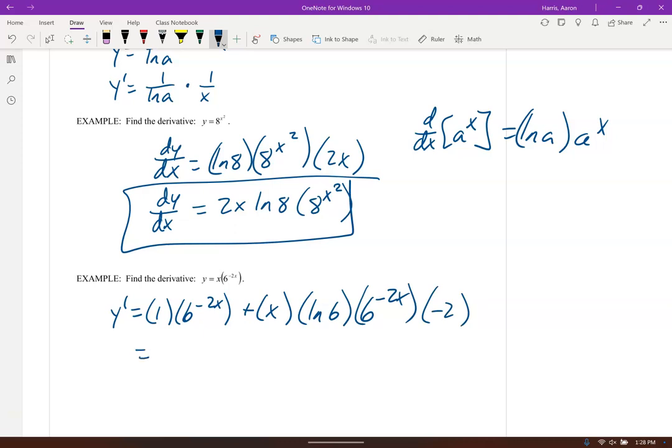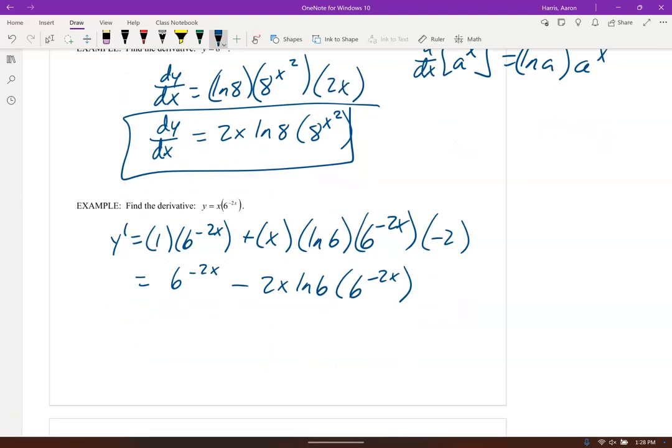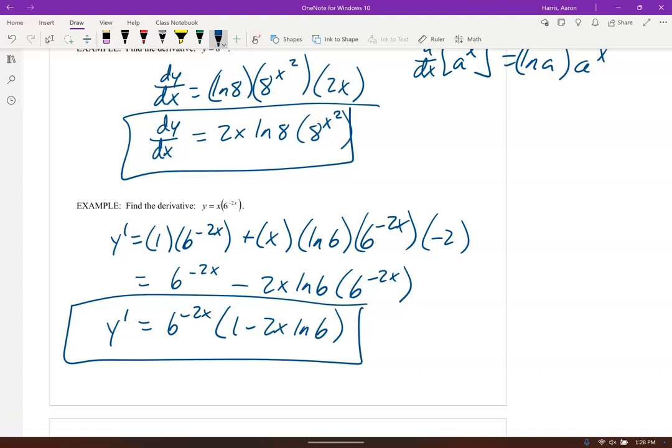So I got 6 to the negative 2x plus, let's see, I got minus 2x ln of 6, 6 to the negative 2x. Let's go ahead and take a 6 to the negative 2x out. So I'd have 1 minus 2x ln of 6. That would be our derivative there.